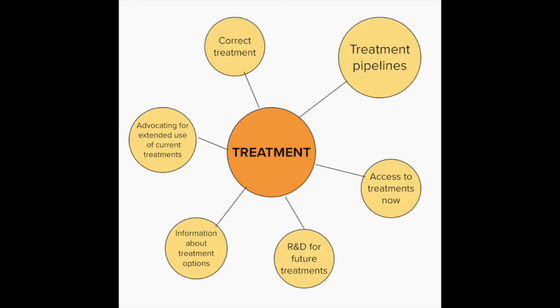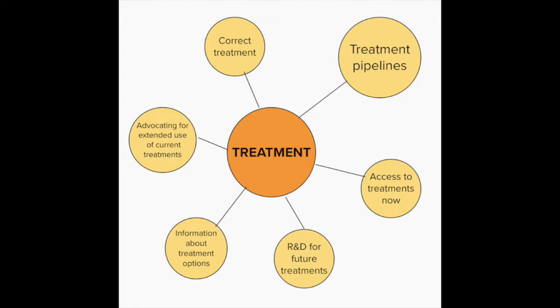Of course, the focus was mostly on those bleeding disorders that are not cared for enough just yet. One of the focuses was on treatment. There were mentioned treatment pipelines, correct treatment, so that people are receiving treatment that matches their diagnosis.